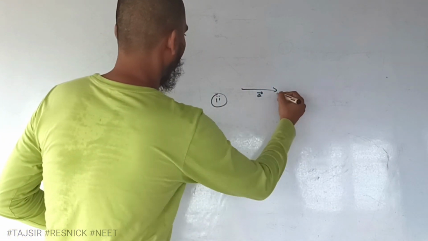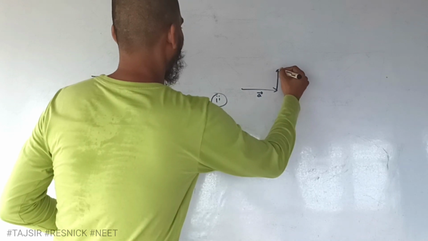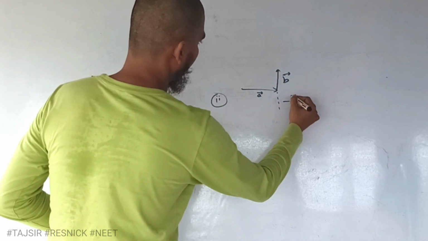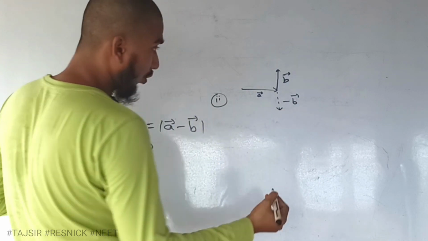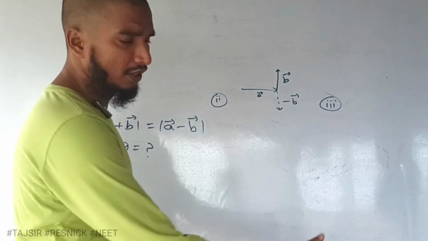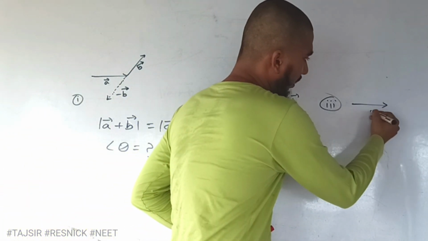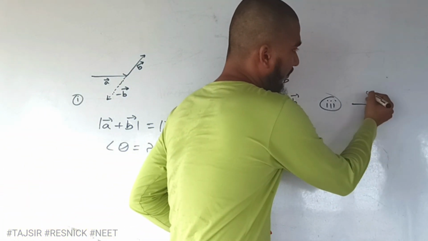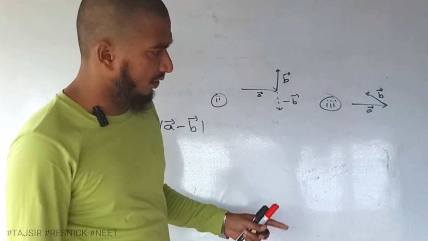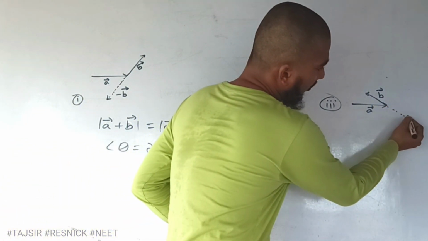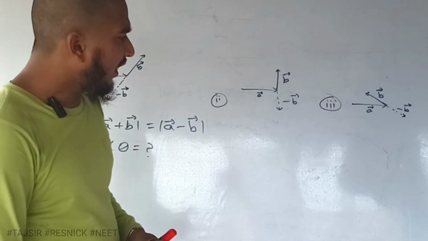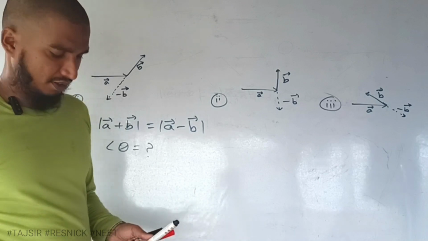This is our A, this is our vector B, and this is minus B. Or a third orientation could be like vector A, vector B, and obviously this is minus B. We have taken three situations with three different angles.